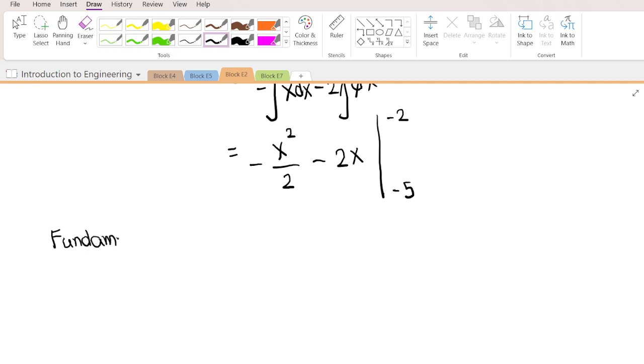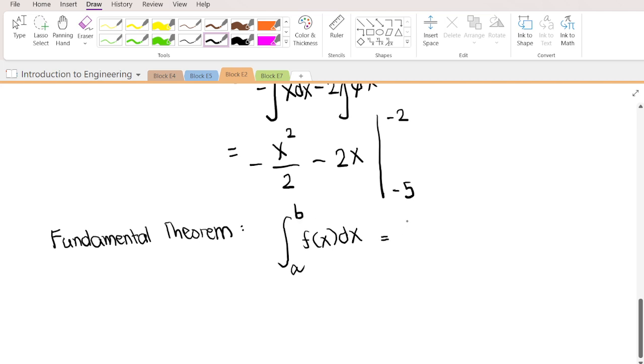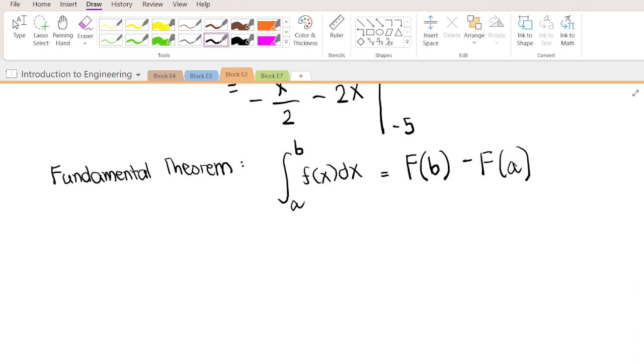So if you can recall the fundamental theorem, so the fundamental theorem states that the integral of f of x with respect to x from a to b is equal to the difference of the final answer substituted, f of b minus f of a. So that's what we're going to do here.